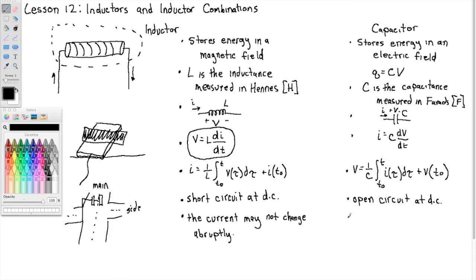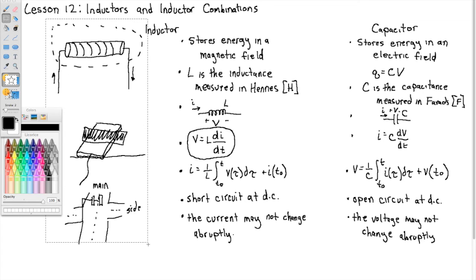Here, if you recall, for the capacitor, the voltage across a capacitor may not change abruptly. So the physics of the inductor will do whatever it has to do to prevent the current from changing abruptly.